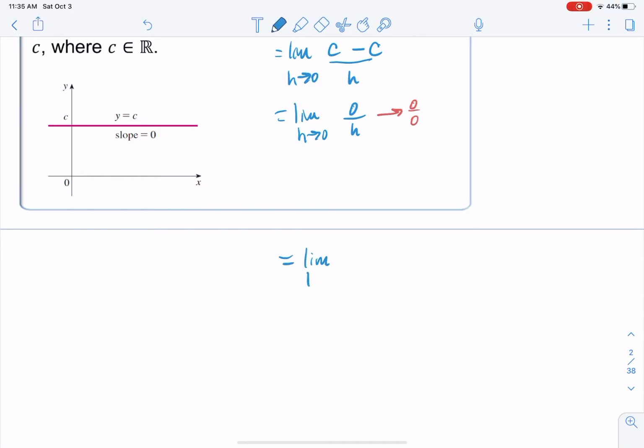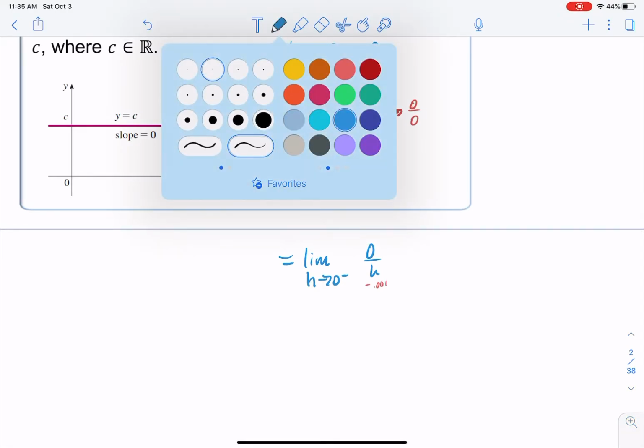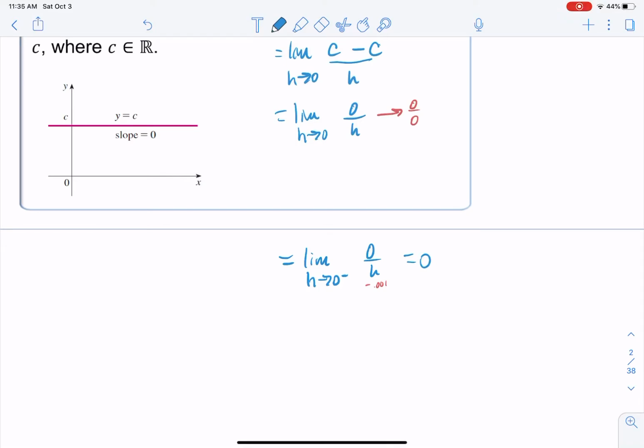So the limit as h goes to 0 from the left of 0 over h. Now we know for certain that this is not 0. It's just getting closer to 0. Some number that is close to 0 on the left side of it, just a little bit less, like maybe negative 0.001. Well, 0 divided by negative 0.001 is 0, right? Or negative 0, because we divided by a negative.